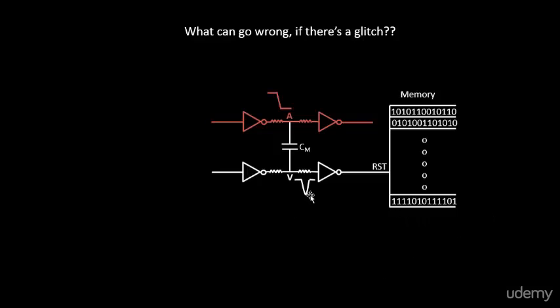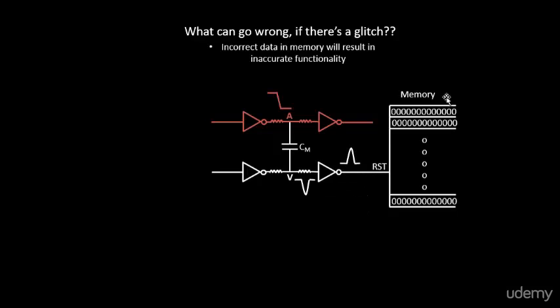Accidentally, because of this glitch getting inverted by this particular inverter, you might receive a logic high at the reset pin, and your complete memory might get reset. And this memory could be a part of any automobile chip or any critical chip. If this goes wrong, the complete system goes wrong.